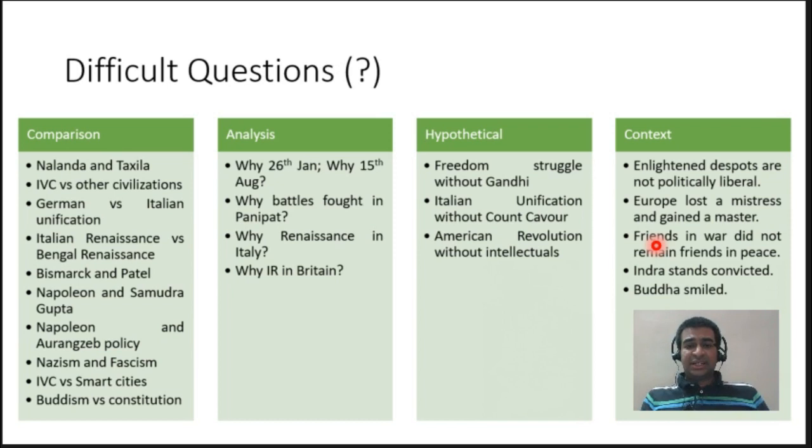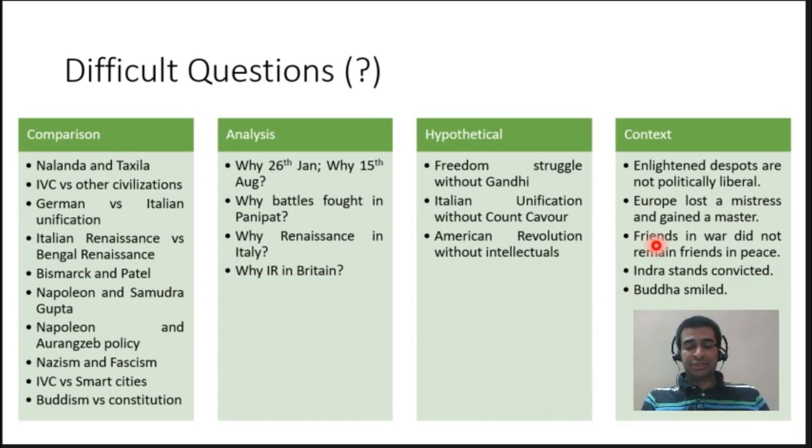And Japan and America fought on the same side in World War One, whereas in World War Two they became bitter enemies. Britain and France are arch rivals, but during World War One and World War Two they fought together. Now this is the irony of history, where friends in war did not remain friends in peace.